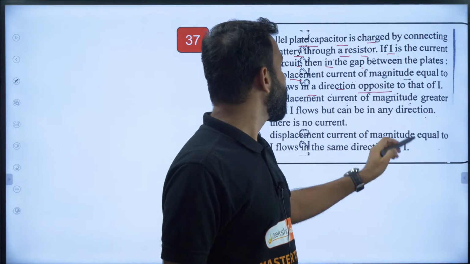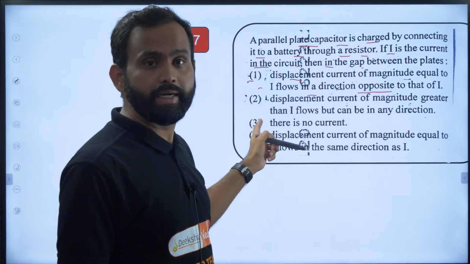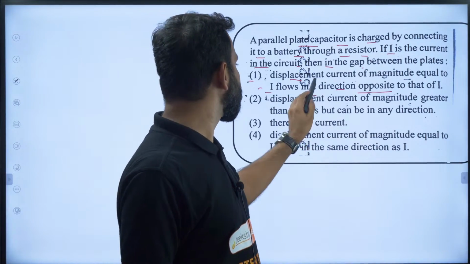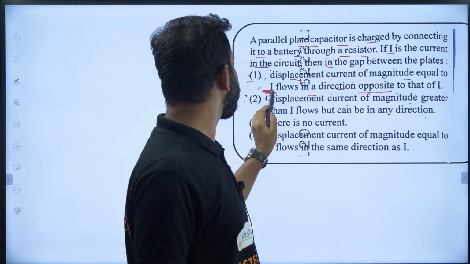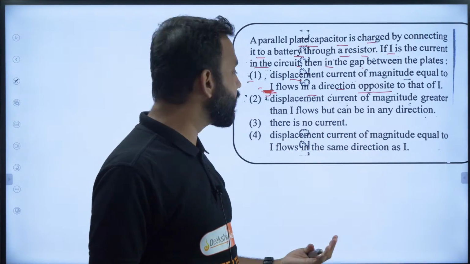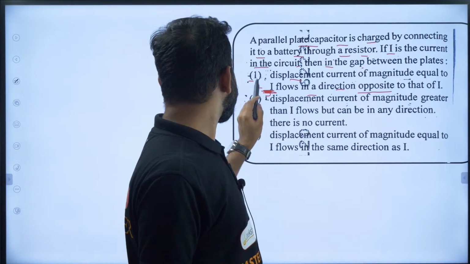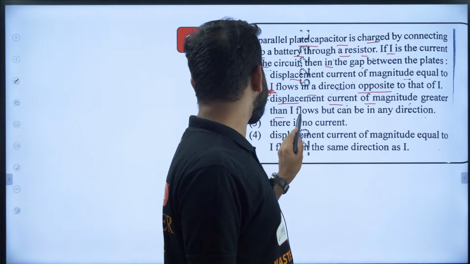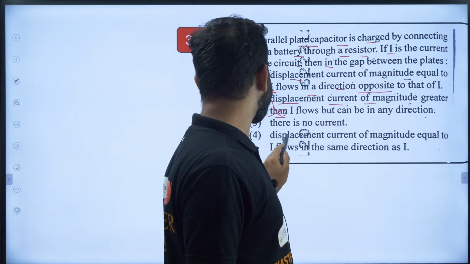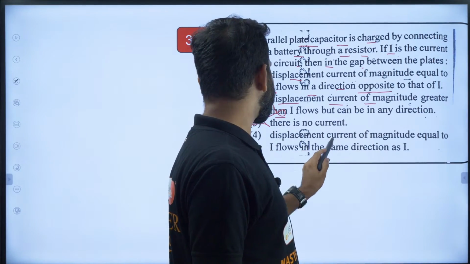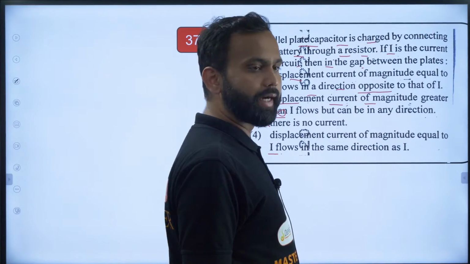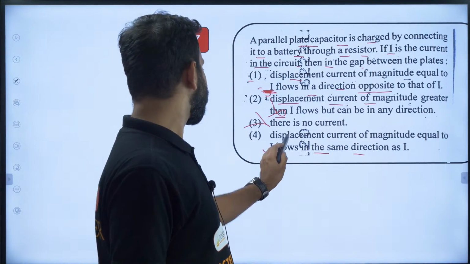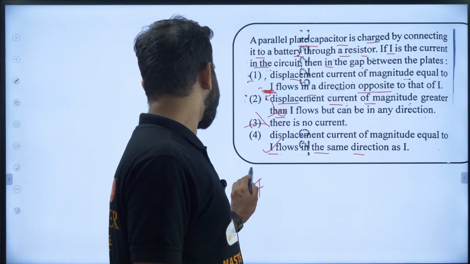The displacement current and the current in the wire both move in the same direction. So the first statement is wrong. Second statement, displacement current of magnitude greater than I, wrong. Third statement, wrong. The fourth statement, displacement current of magnitude equal to I, correct, flows in the same direction as I, correct. So the fourth option is correct.